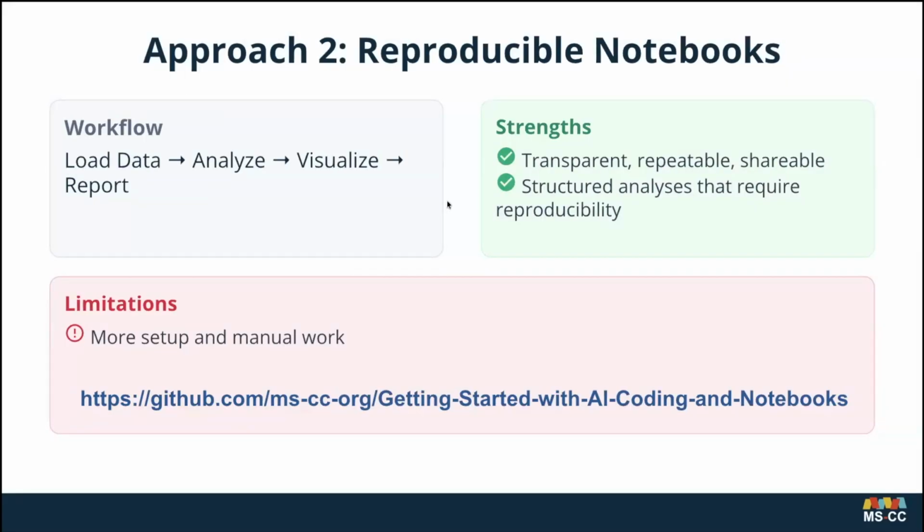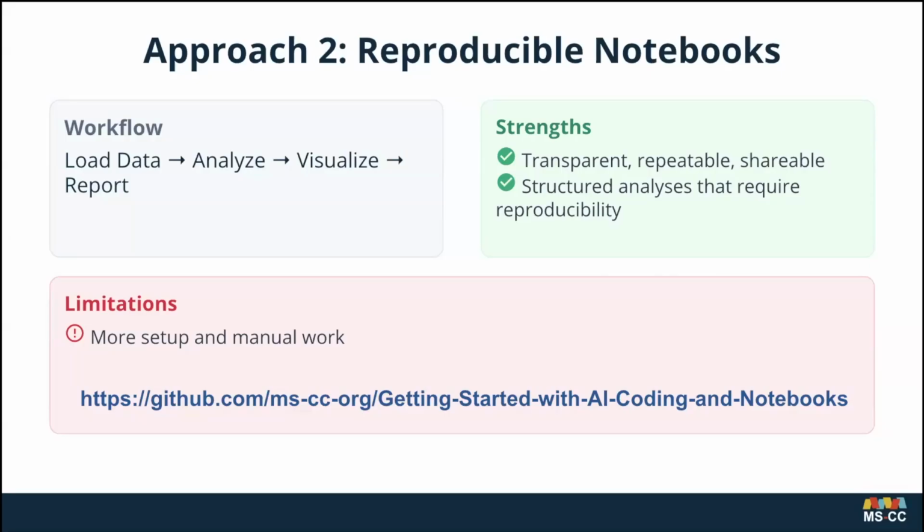So approach two is about using notebooks. As I said before, previously we used AI assistants and all the chat interfaces that we have. Now we are going into notebooks.